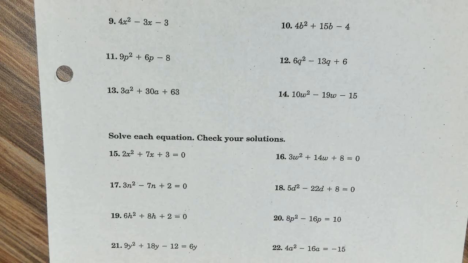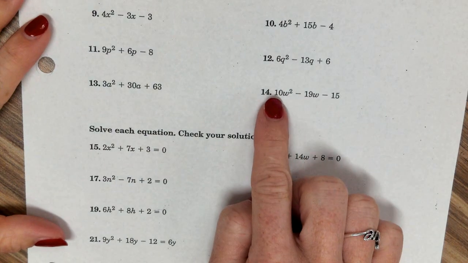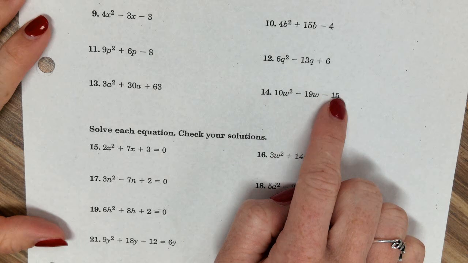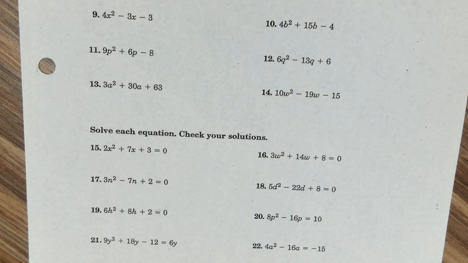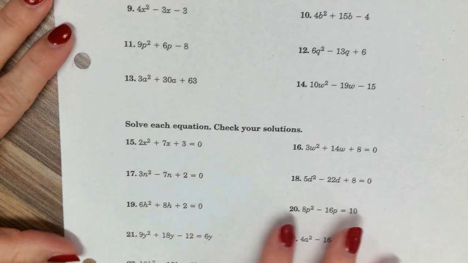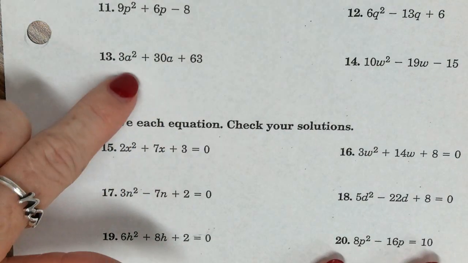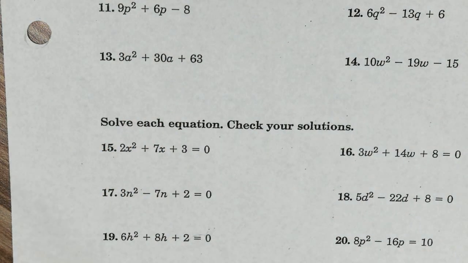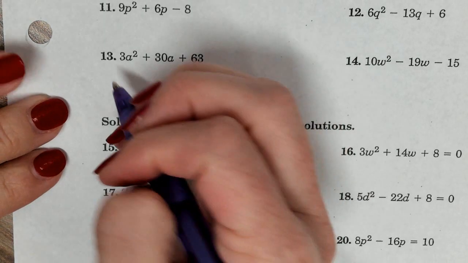If a trinomial has a number that can be factored out before, you have to do that. So like if you look at number 14, 10, 19, and 15 have nothing in common that can be pulled out, right? But look at number 13. Are all of those numbers divisible by 3? Yes. So you technically would need to factor out the 3.